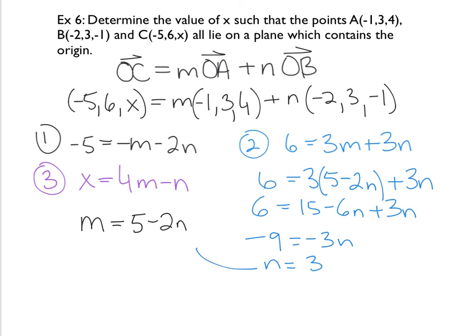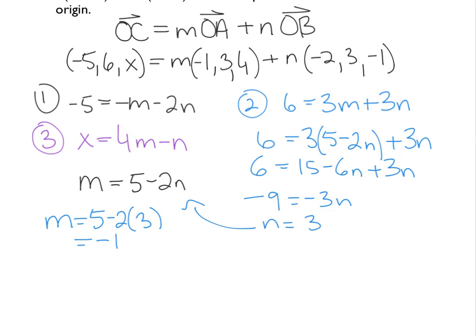Take this, bring it back up here, and m is equal to 5 minus 2 times 3, and that gives you negative 1. Now, the reason I wanted to solve for both is because in equation 3, you have m and n as variables. So once you've solved, again, remember you only need 2 equations to solve for 2 variables.